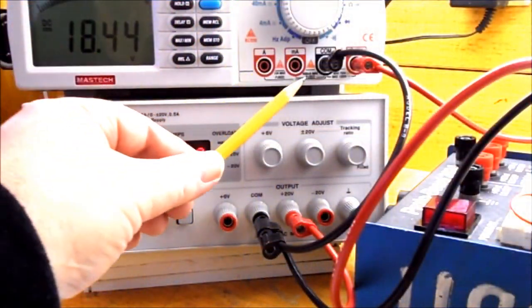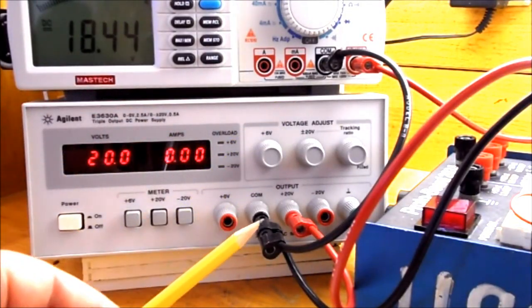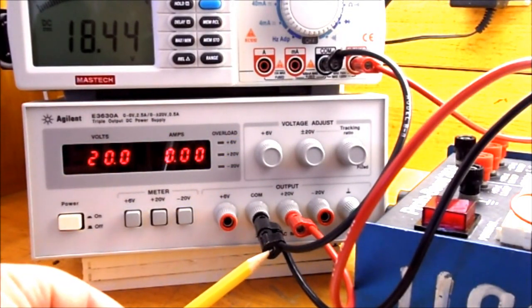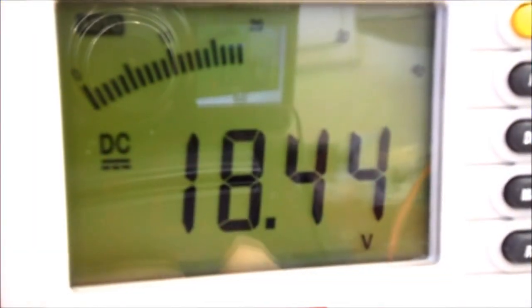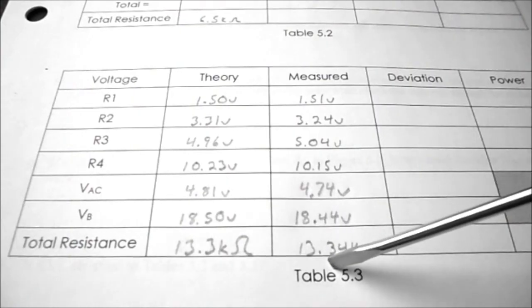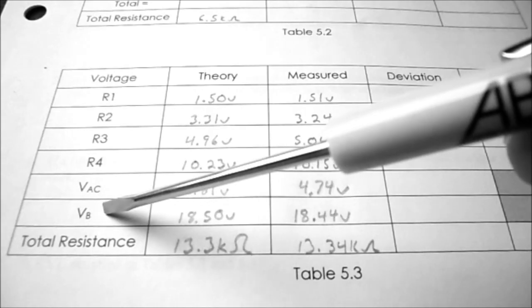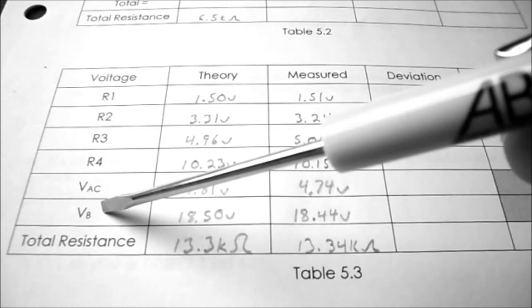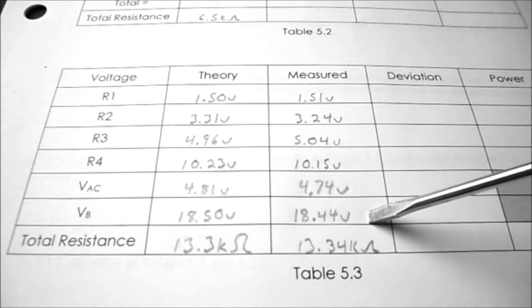I just want to show you that the common from the digital multimeter is now connected directly to the common of the power supply. So that's the voltage at point B with respect to ground, or common. And you can see the voltage reading is 18.44 volts. In table 5.3, for the measured value of VB, that's the voltage at point B with respect to the common, I measured 18.44 volts.